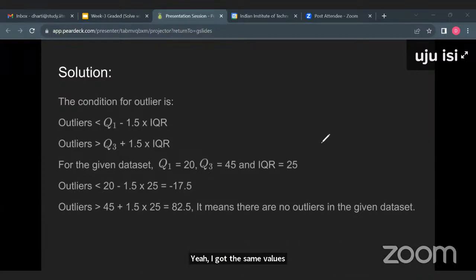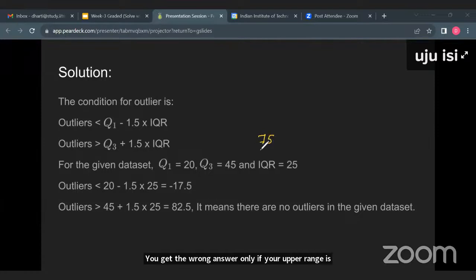So you have to take care about your calculation, because even though you know the concept, if your calculations are wrong, then there will be a problem, right? You get the wrong answer if your upper limit is, let's say, someone told 75.